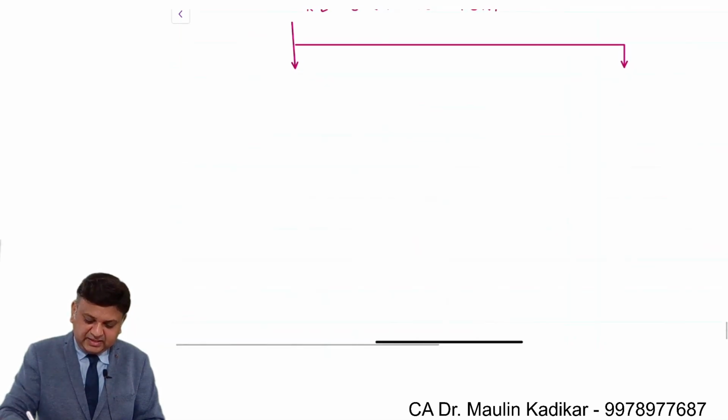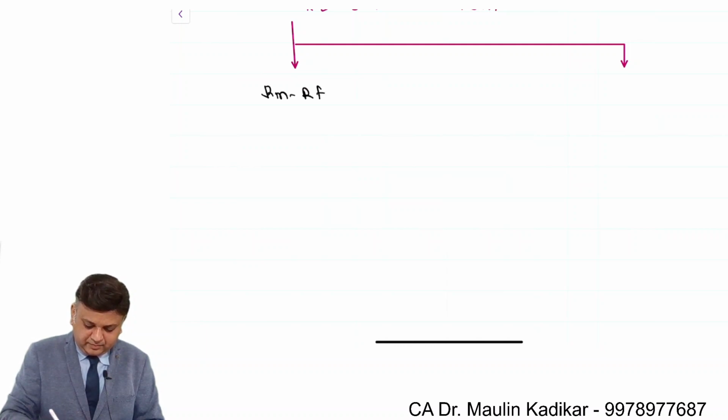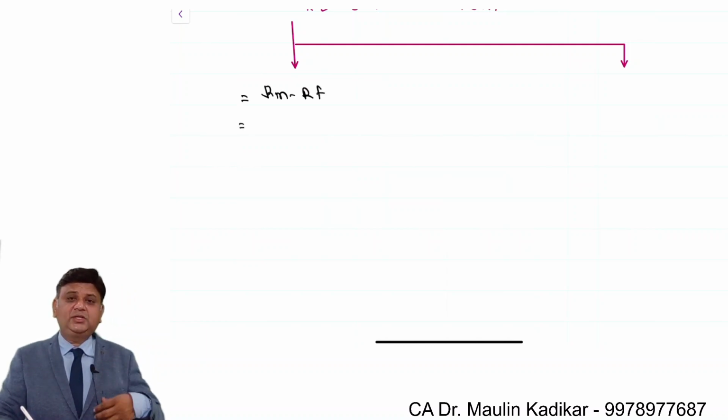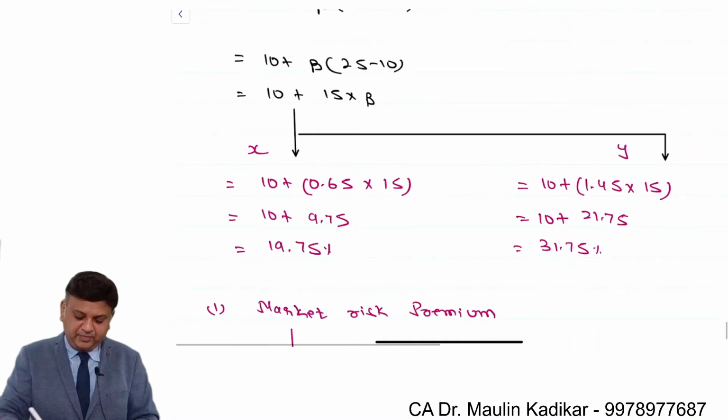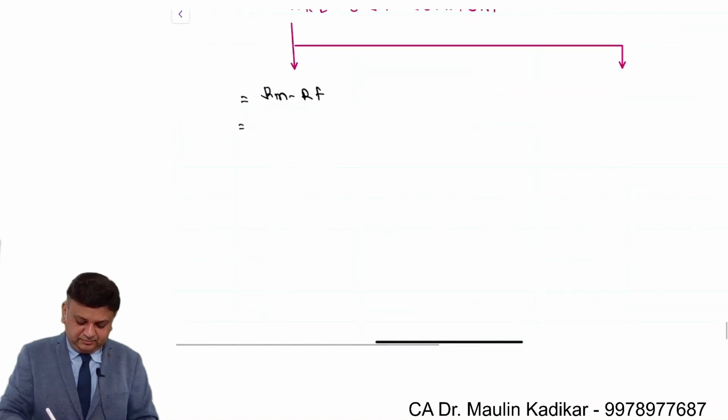It is RM minus RF, which means the additional return required from the security over the risk-free rate of return. So it is 25 minus 10. That comes to 15%.